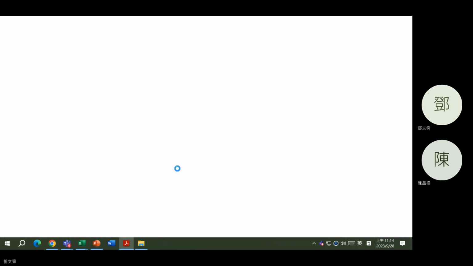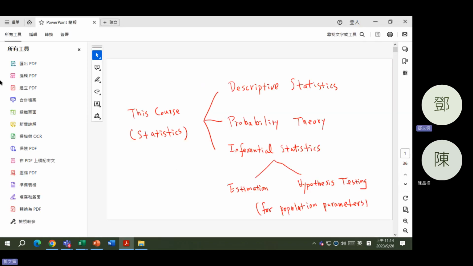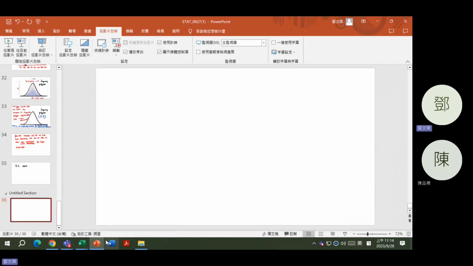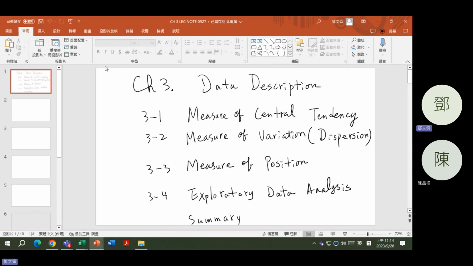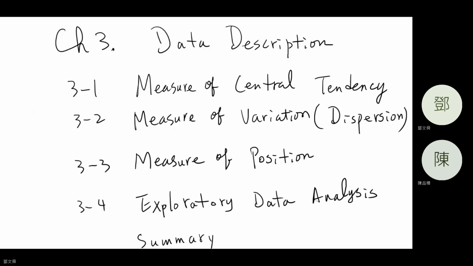And now, chapter 3. Please go to chapter 3. What is the content of chapter 3?